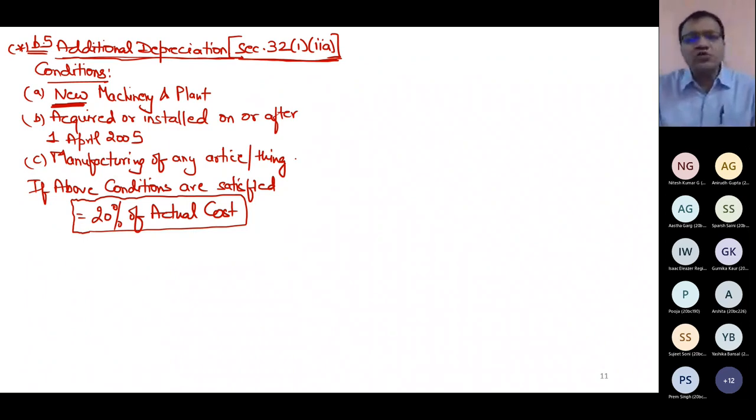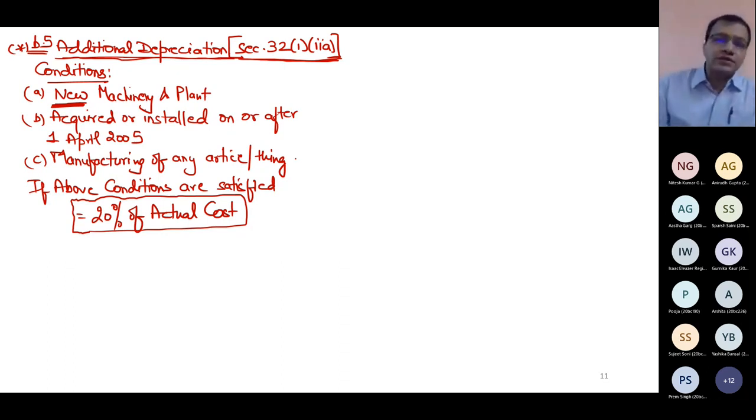Take the example of a car. You are using a car which you purchased around 15 years ago. That car will emit more carbon dioxide than a new car, because new technology has come which helps in improving the average. It also helps in reducing the pollution.